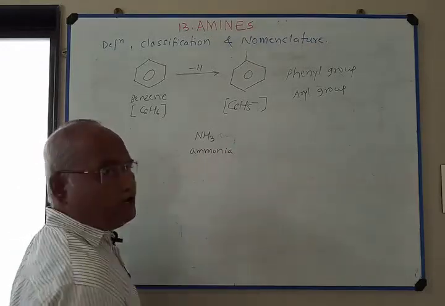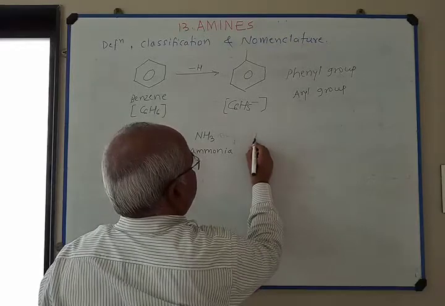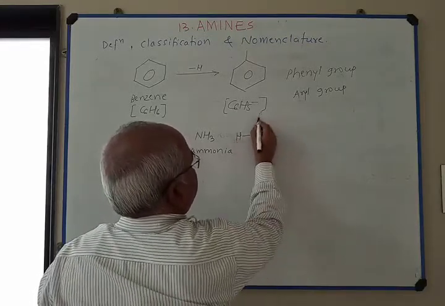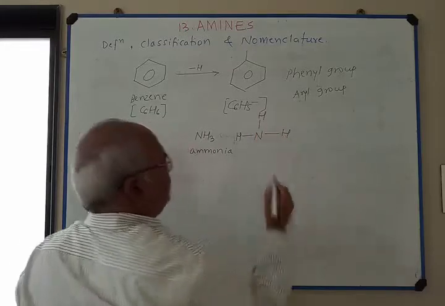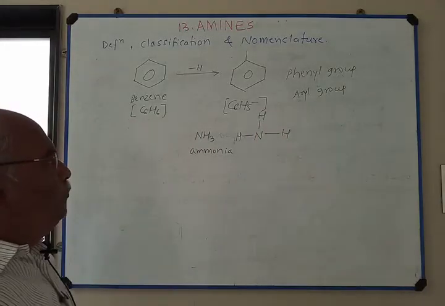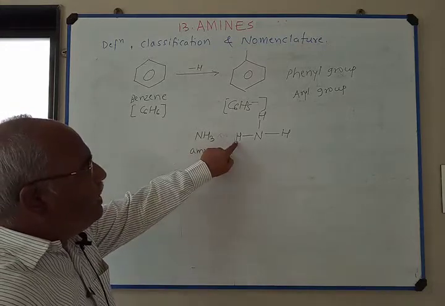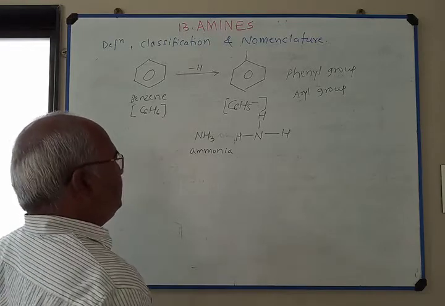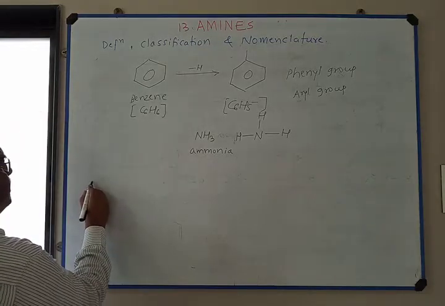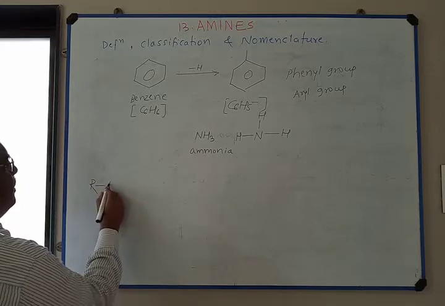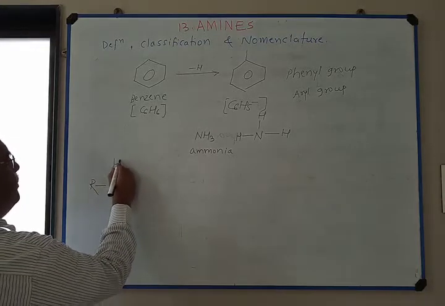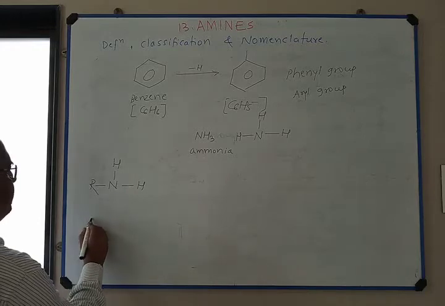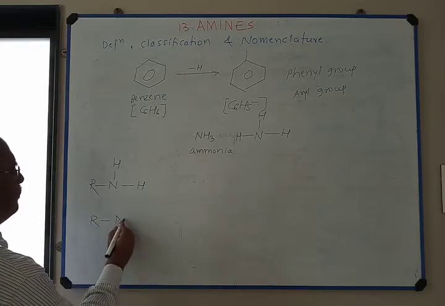This ammonia, for our simplicity, I write like this: NH3, ammonia. When one hydrogen atom of ammonia is replaced by one alkyl group, N, H, H, R, NH2 is the compound.